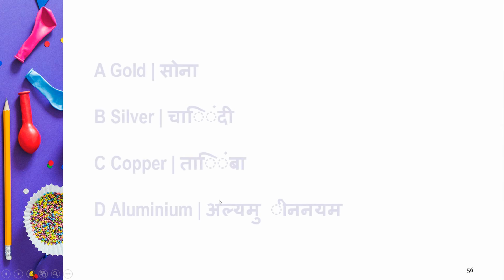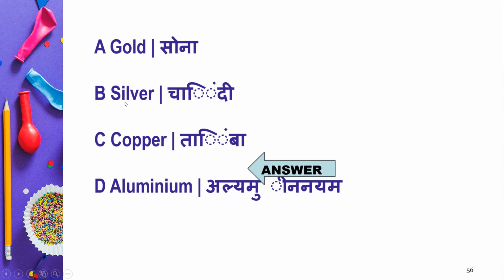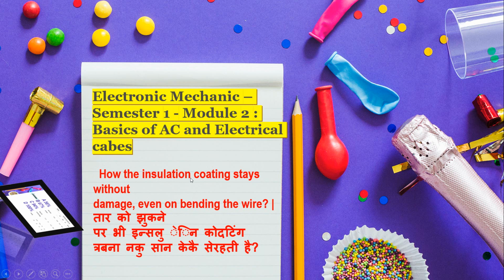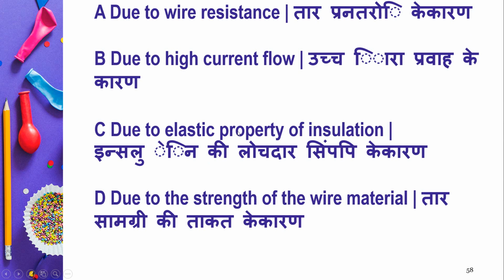We know that silver is a good conductor of electricity. How does the insulation coating stay without damage even on bending the wires? Due to the elastic property of the insulation, the wire is not damaged on bending.